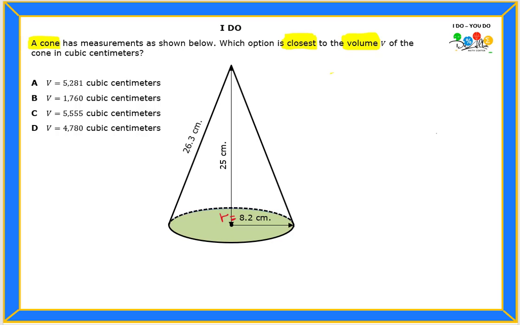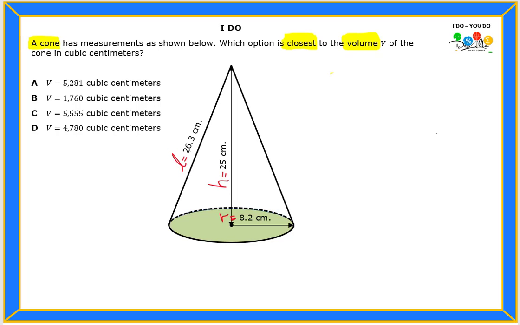That 26.3 will not be standing up straight, right? So the height that we're going to be dealing with is 25, okay? 26.3 is the lateral height, so we cannot use the L for that. I'm not going to bother with that, but I still wanted you to see the difference between those two heights. You might need it later on, okay?